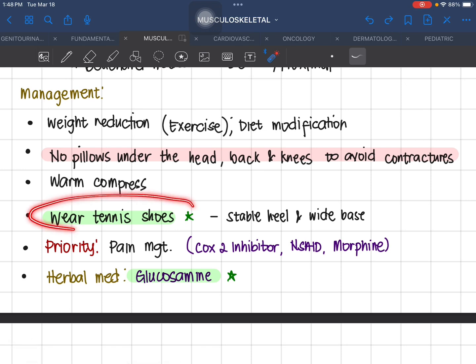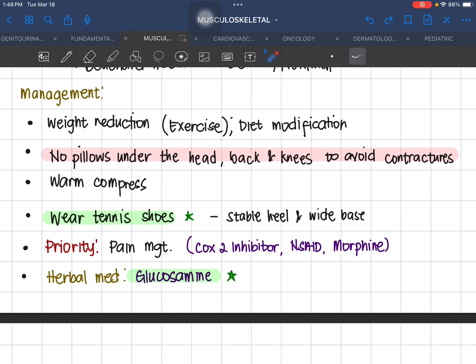Also, to wear tennis shoes kasi ang mga tennis shoes ay stable yung heel nila and wide yung base. So, tatandaan natin na kapag osteoarthritis, sa management niya is to wear tennis shoes dahil stable ang heel and wide yung base.